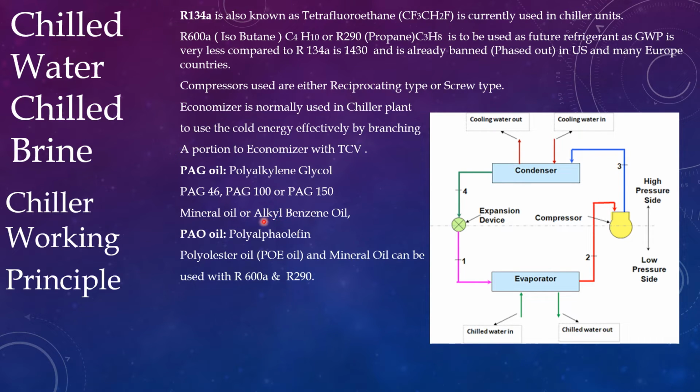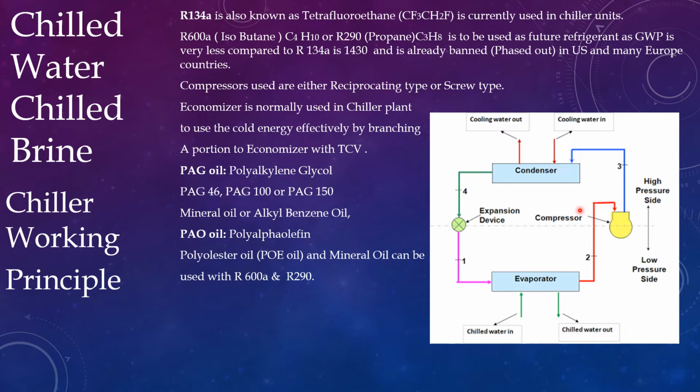Mineral oil or alkyl benzene oil also can be used, or PAO, polyalphaolefin oil. If R600 or R290 is used, we can go for POE, polyol ester oil, or mineral oil. So in future, after 3-4 years, all the industry will go for R600A or R290 for the chiller compressor.